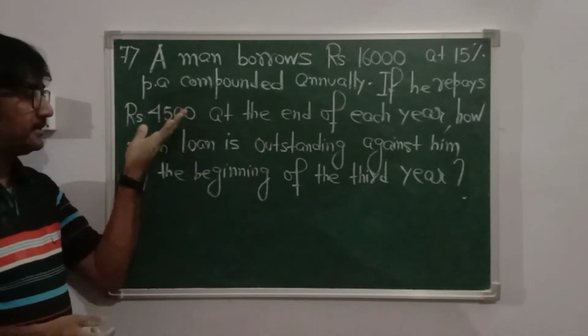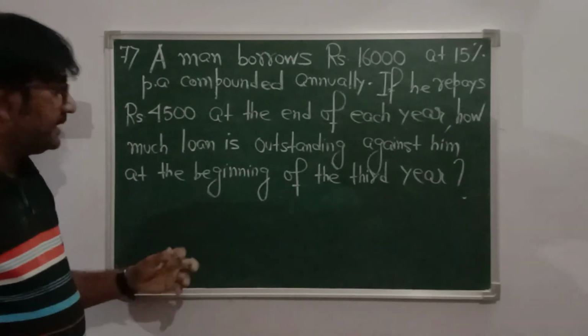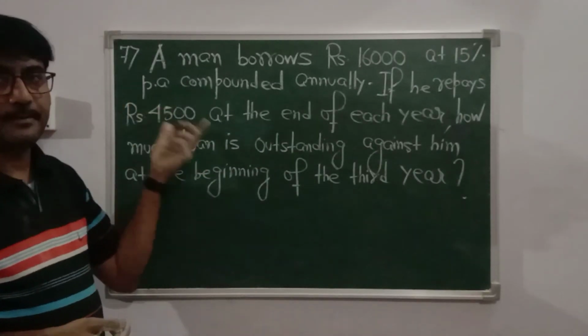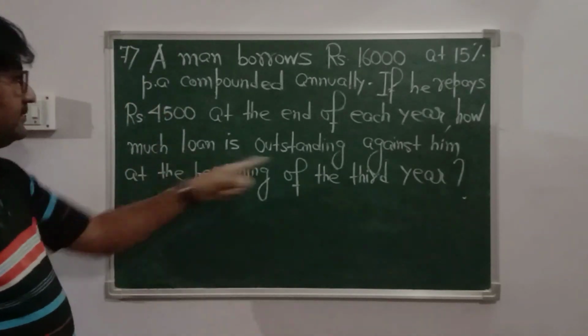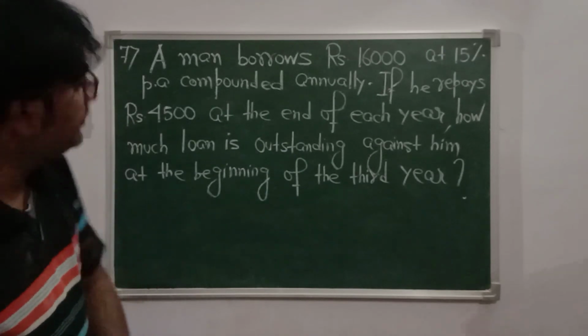The balance will be the principal for the next year. Next year when you find the amount, from that you subtract again 4,500. So the balance, whatever is left, is the principal outstanding as the principal for the third year. So let's move.